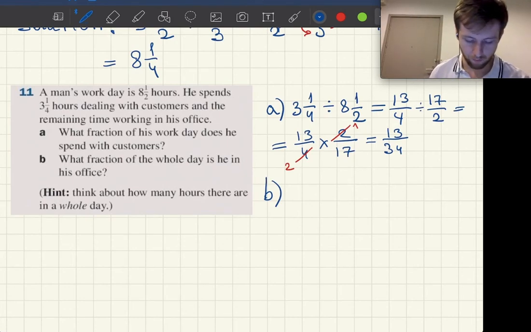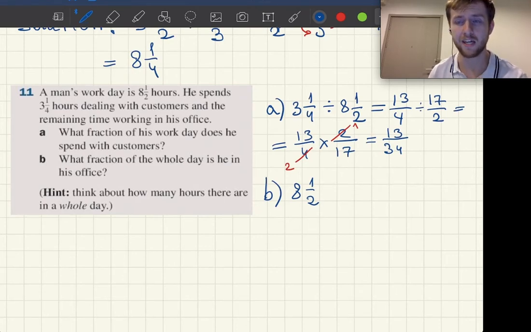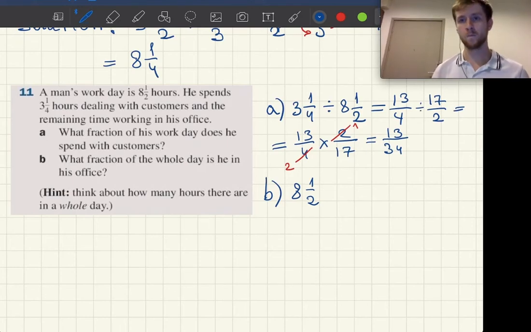So what do we do is we do 8.5. So what fraction of the whole day does he spend in the office? How can we find this? We have to do, so what we did before, now we have to do 8.5 divided by 24.